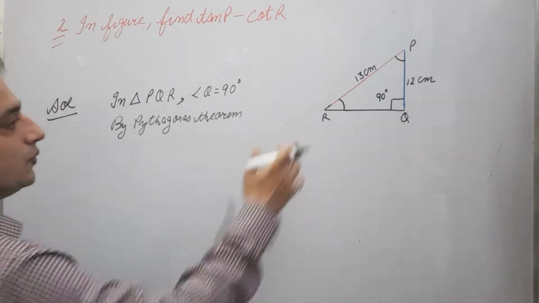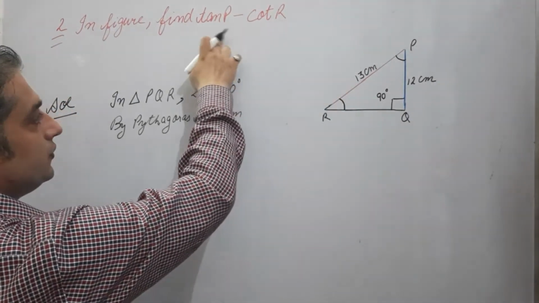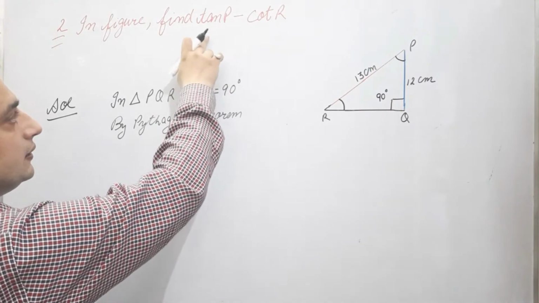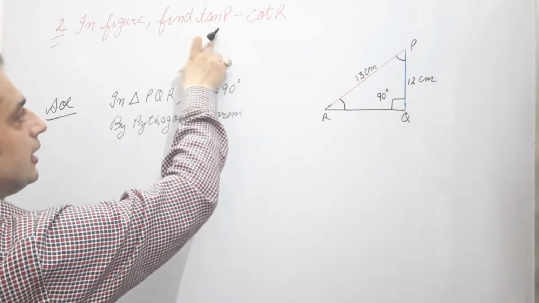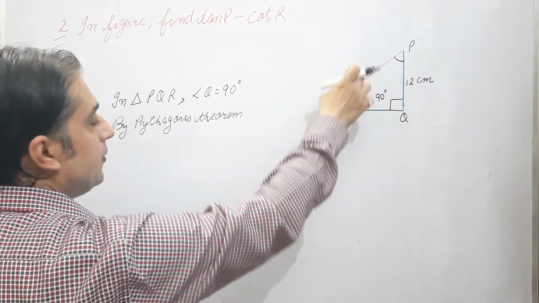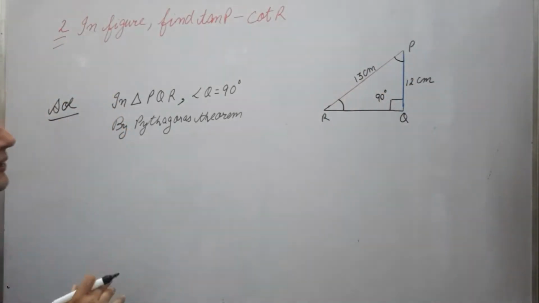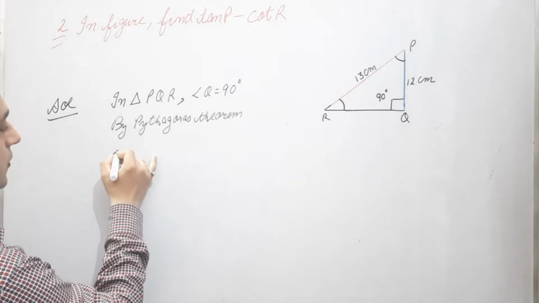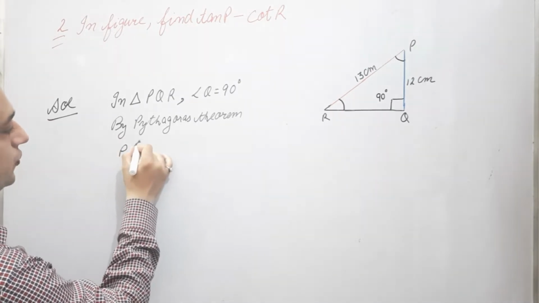For tangent P, there is no need of the hypotenuse, but the hypotenuse and this length are used to find the third side. So by Pythagoras theorem, the length of the longest side, that is PR square.